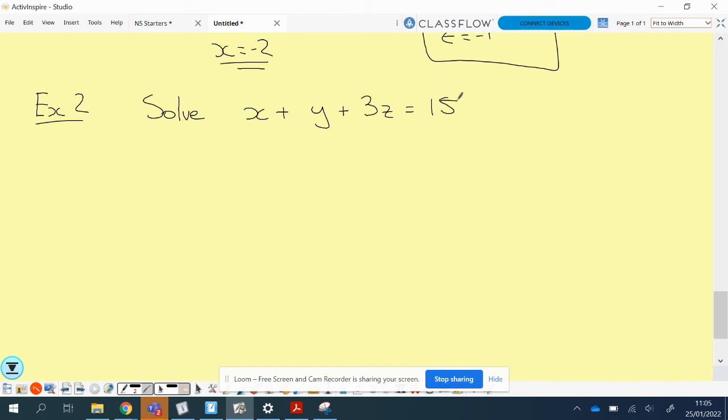Second equation is 2x plus 3y plus z. That's going to give me an answer of 17. And 5x plus 2y plus 2z equals 30.